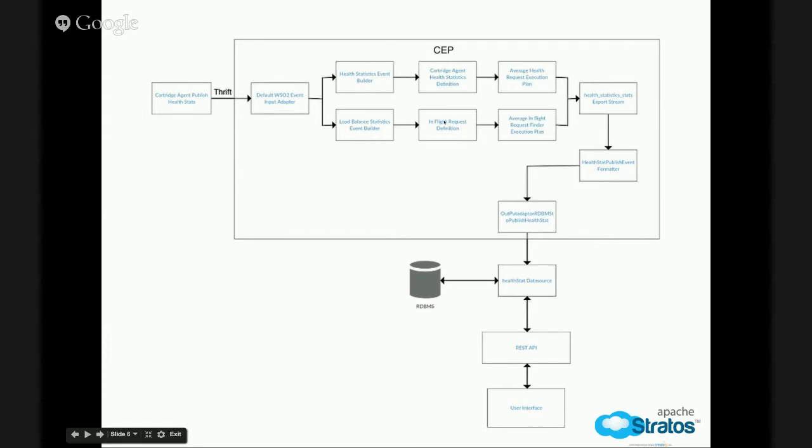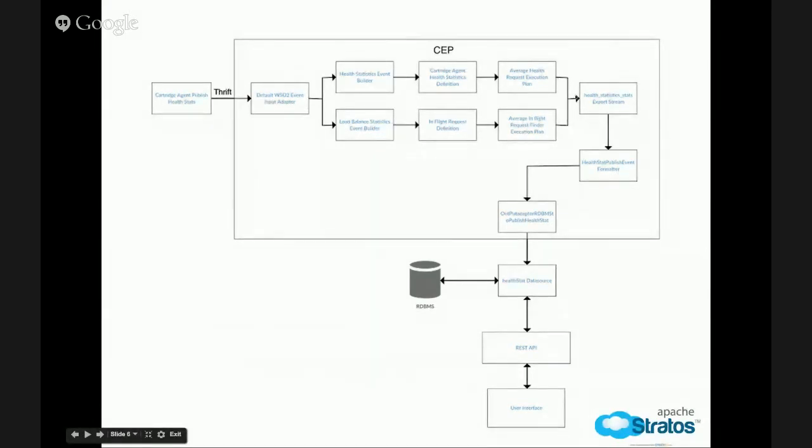Using those two streams, two execution plans will evaluate the data and summarize the health statistics averages, and those averages will be published to a health statistics export stream, which I newly created.